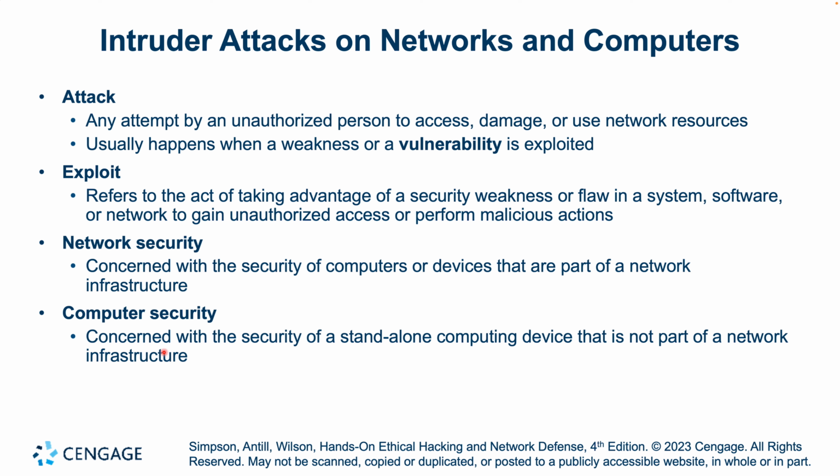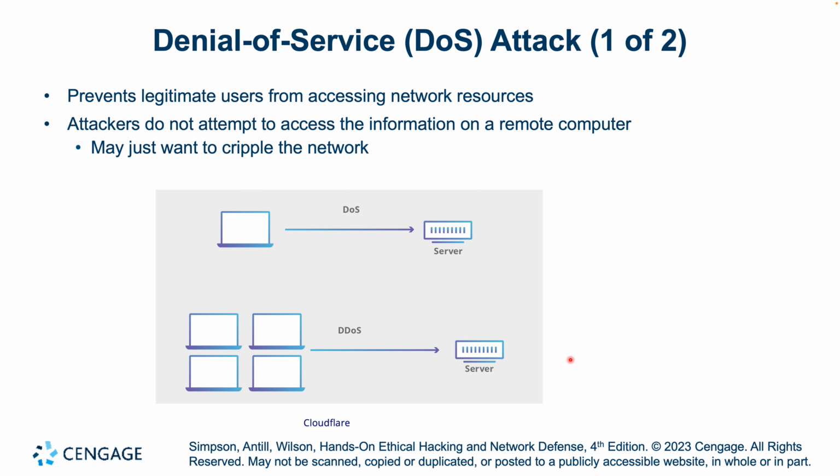Computer security is concerned with the security of a standalone computing device that is not part of a network infrastructure. So these are common definitions that you need to understand. Now let's look at one example of one of the serious types of attacks, called a denial of service, DoS attack. The idea behind a denial of service attack is to prevent legitimate users from accessing network resources.